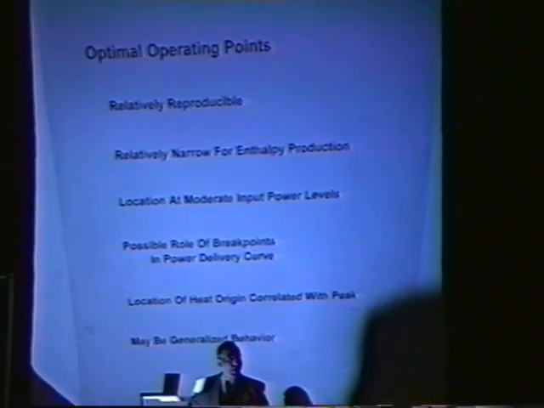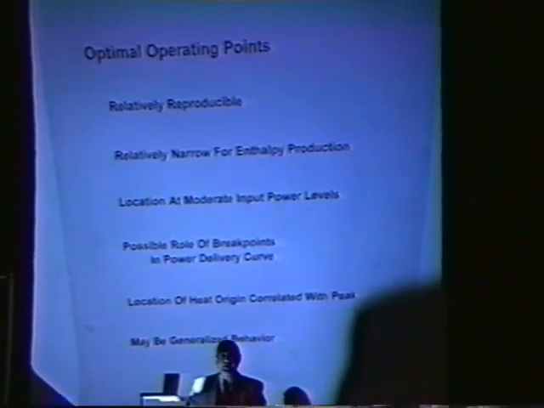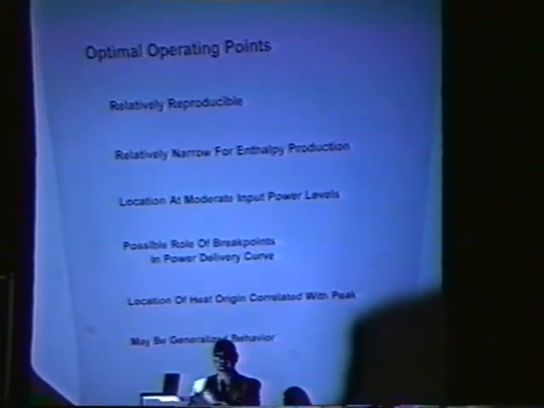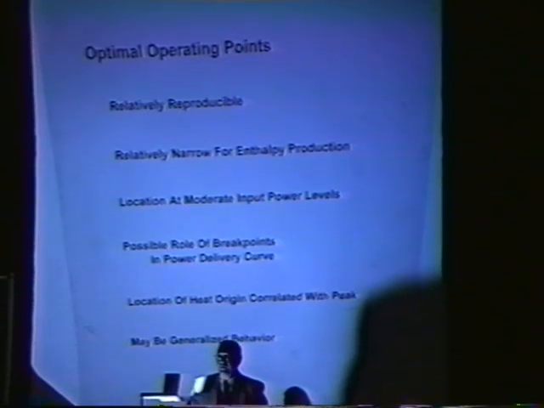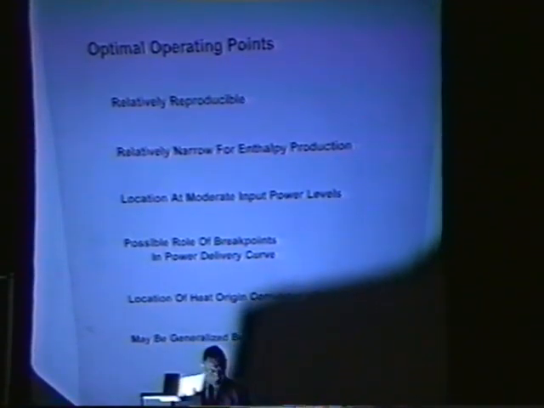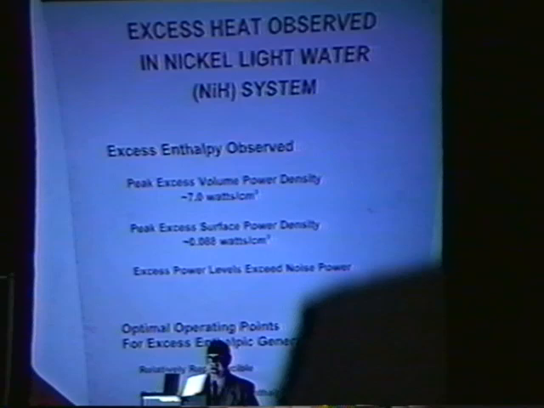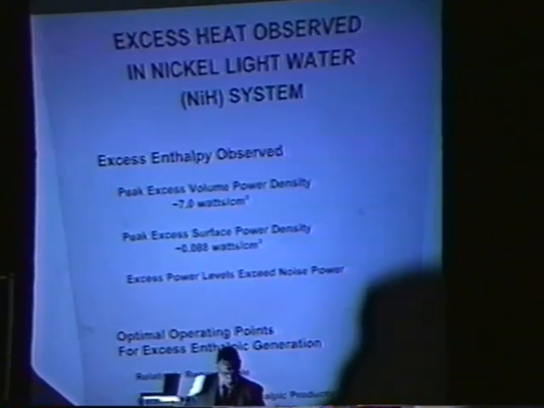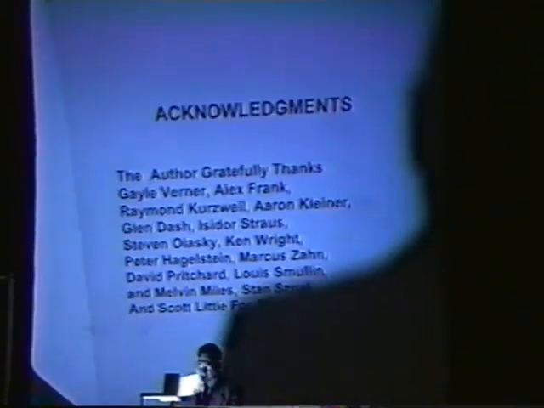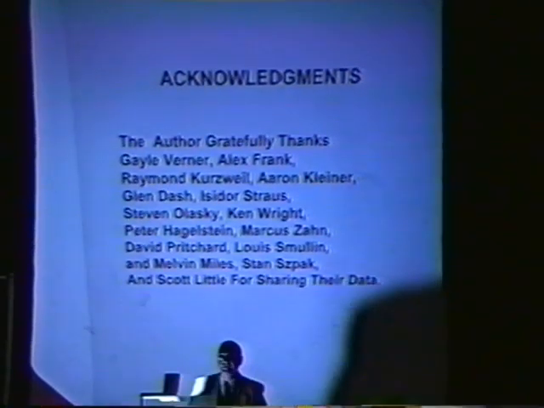It may be due in part to changes in the surface, competition with gas exit loss, and possibly even the breakpoint that I showed you in the drive system. Our peak power levels were 7 watts per cubic centimeter, 88 milliwatts per square centimeter in nickel. I've got a lot of people to thank for helping with this.